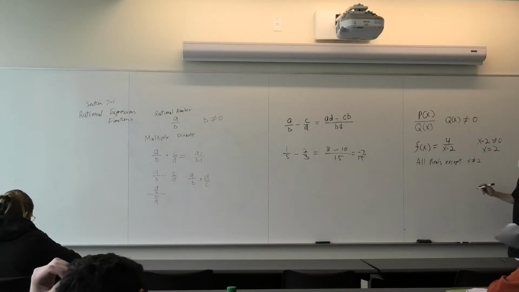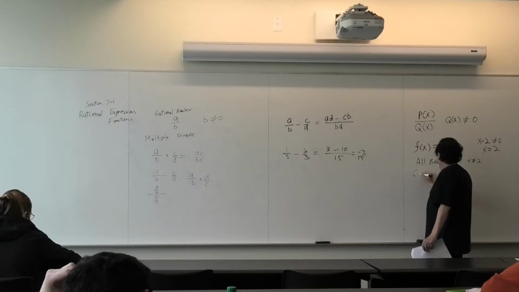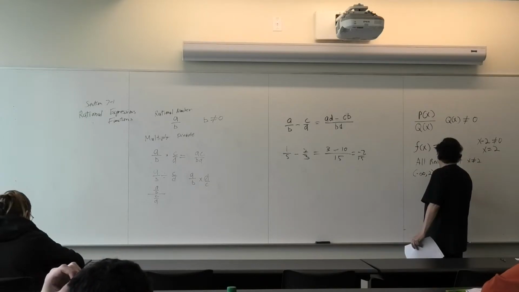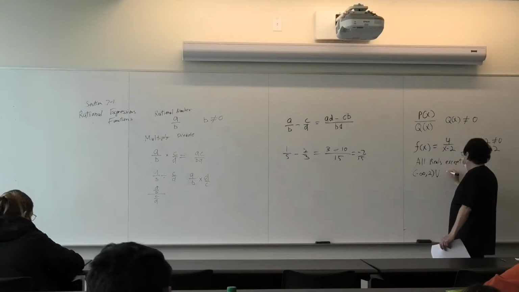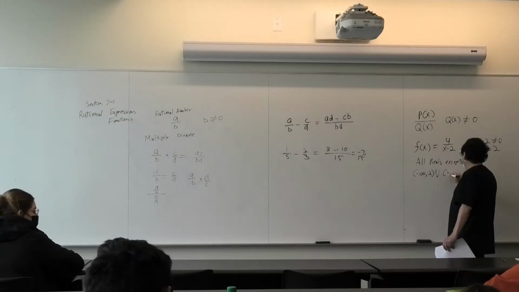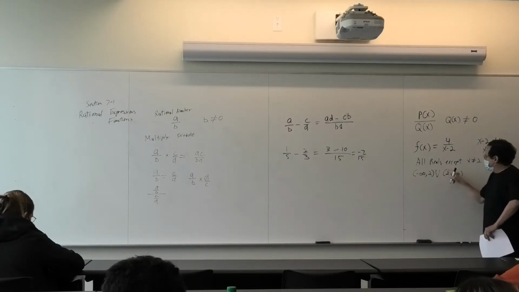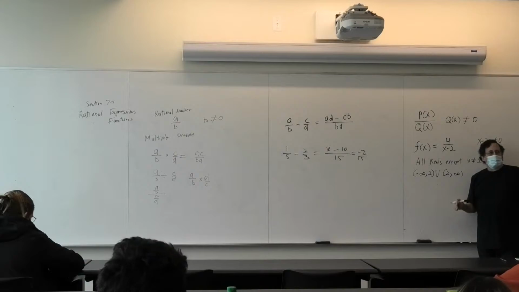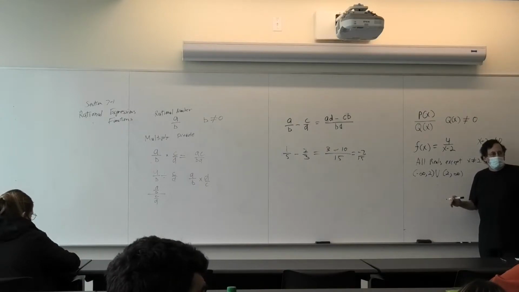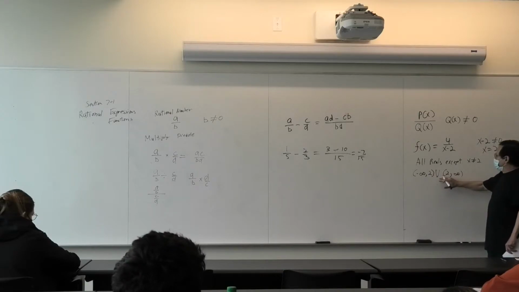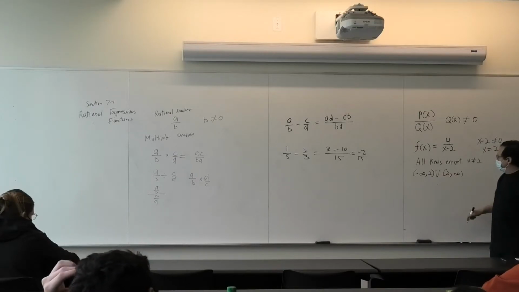There are other ways to write it. You could write it as negative infinity to 2 and 2 to infinity. These parentheses, I don't know if you remember, we call it an open interval, meaning we don't include the endpoints. So we're not including 2 here.